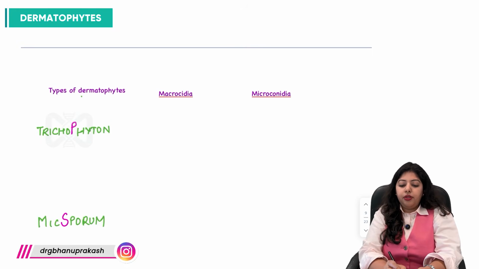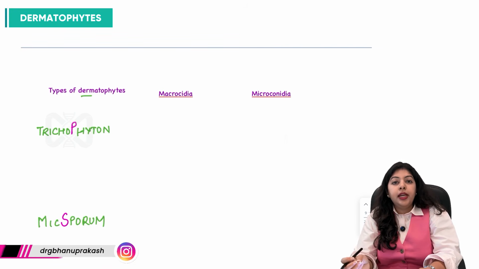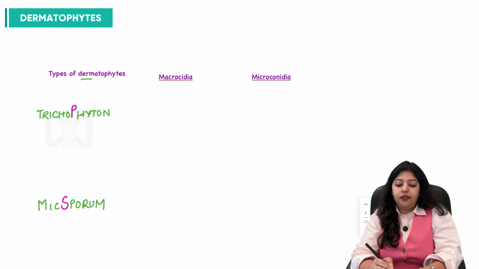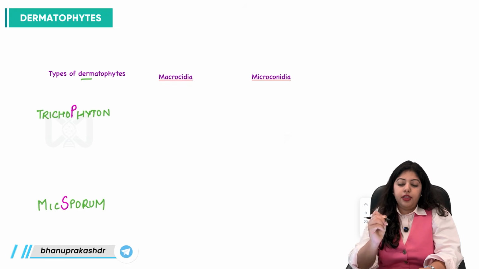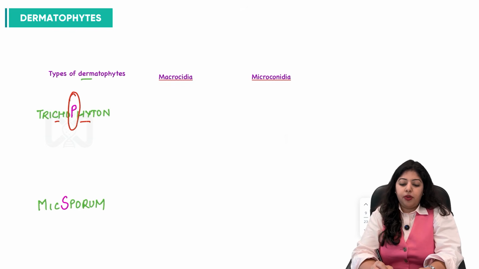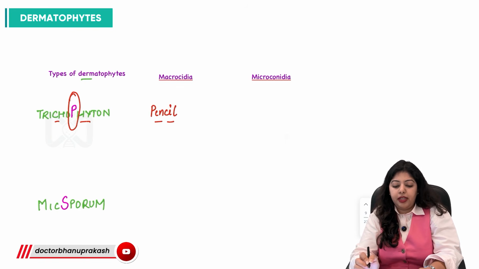Now talking about the differentiation of different dermatophytes on the basis of shapes and the number or quantity of macro and microconidia. Firstly, we will be discussing the first dermatophyte, that is Trichophyton. From Trichophyton, we will take the letter P, we'll highlight this letter P, and P stands for pencil. Remember, pencil for P, right?